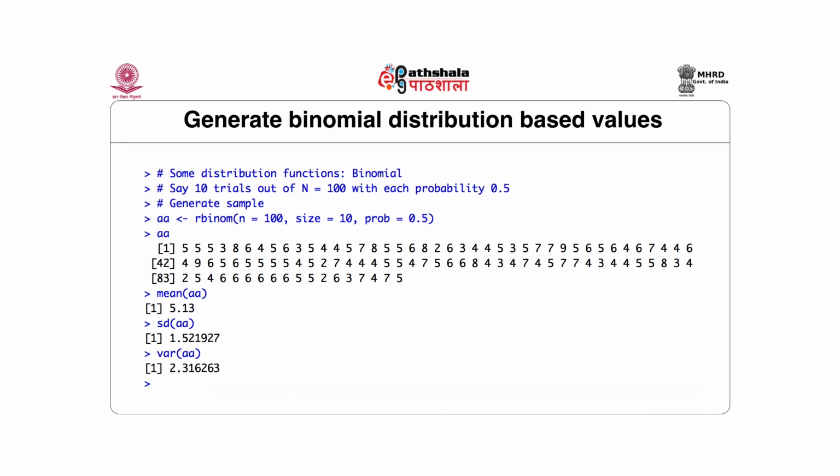So we say r, R stands for randomness, or generating random samples. This is the prefix. Then we use what is known as binom, which is the binomial distribution. We use that as a function. So we say rbinom, which is a function.